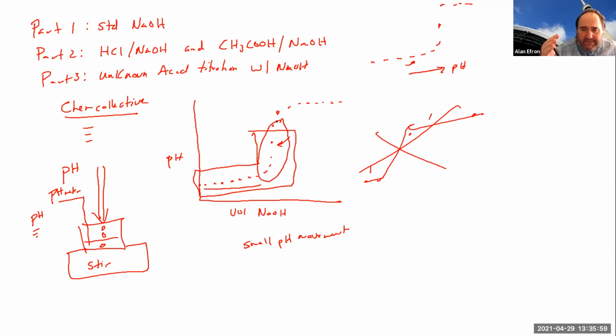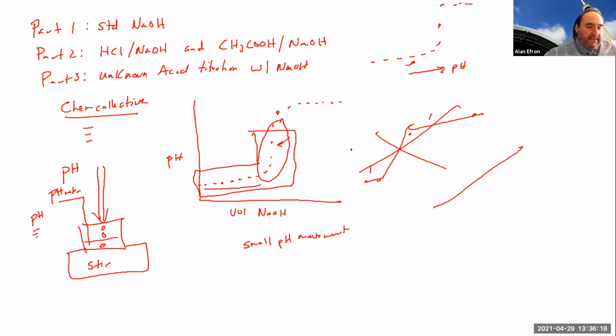You're going to see this bigger jump in pH occur. So you want to do your best to control that so that you get a really nice looking curve, and not something that looks like a straight line, which is not really a curve.